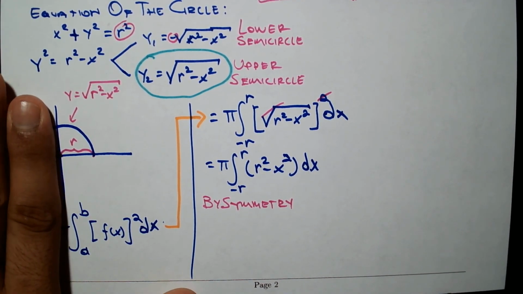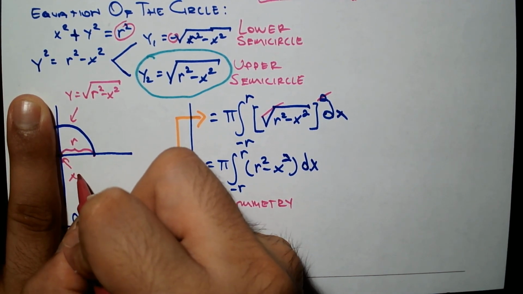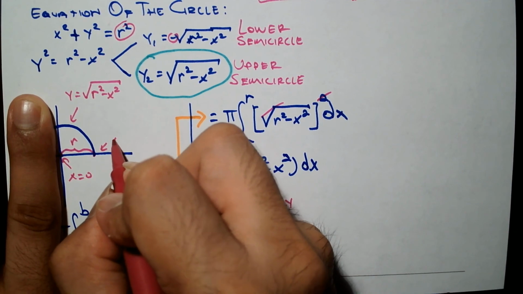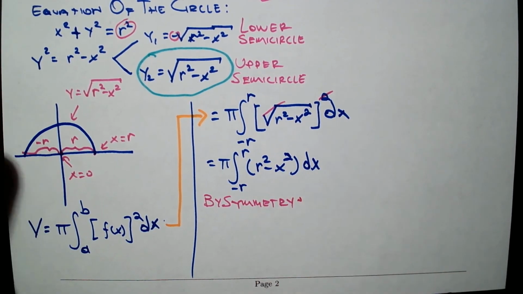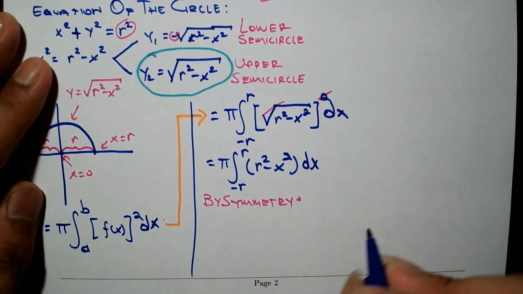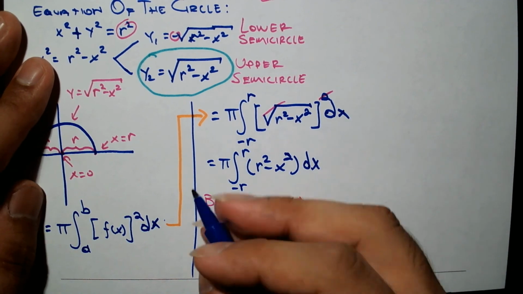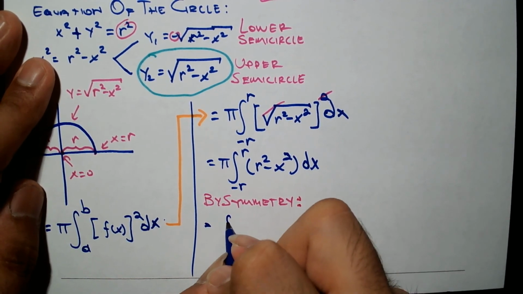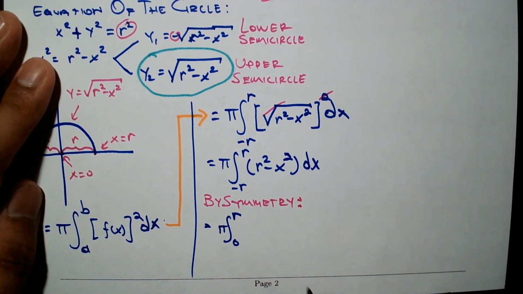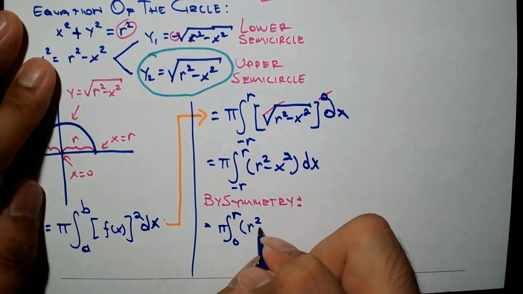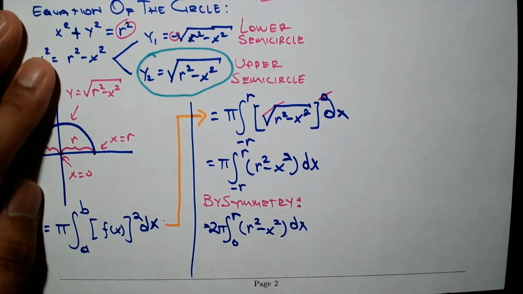This is the same as integrating from x equals 0 to x equals r, and then multiplying by 2. So we get pi times the integral from 0 to r of r squared minus x squared dx, and multiply that by 2.